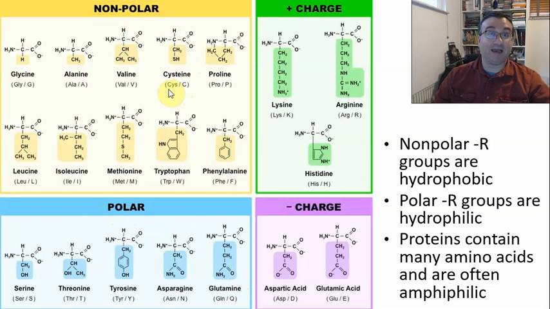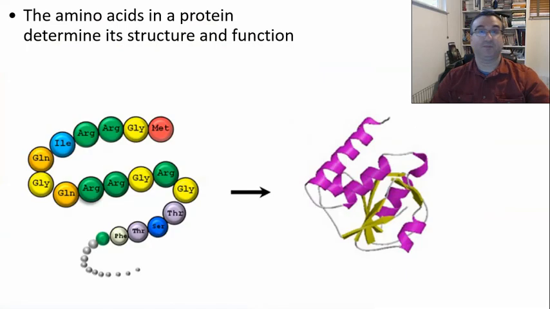That combination of hydrophobic and hydrophilic makes them amphiphilic, a little bit of both. The amino acids in a protein determine its structure and its function. There we can see a chain of amino acids, and as a protein is built up and processed, it leads to a more complicated three-dimensional shape.